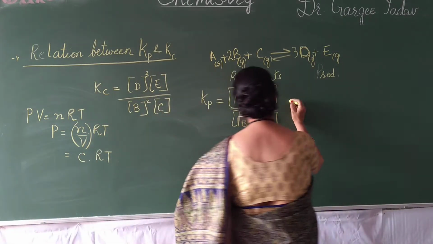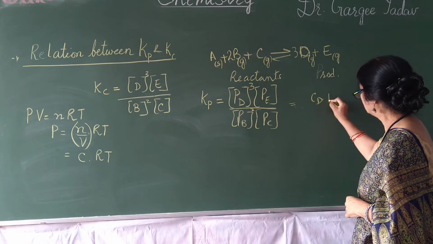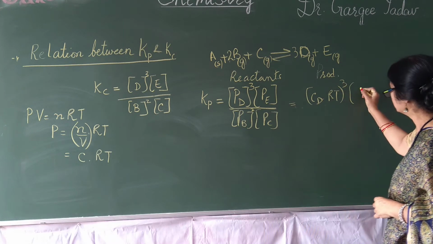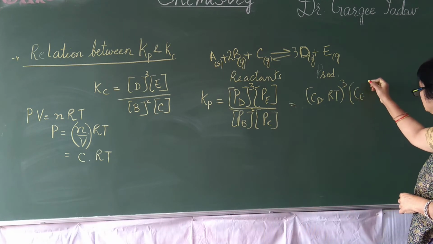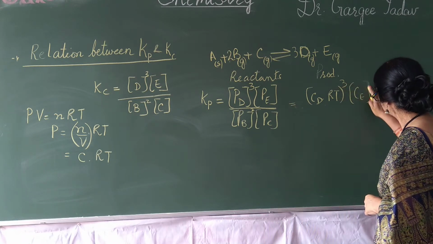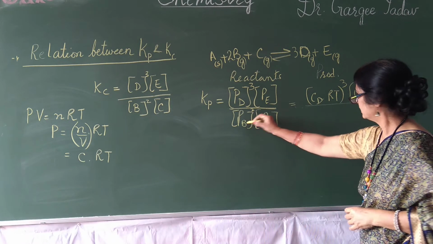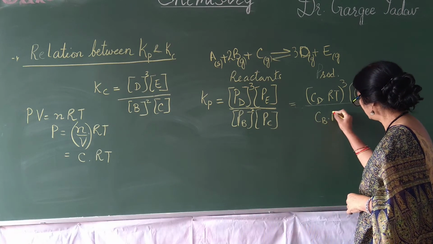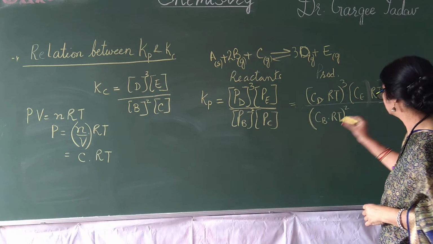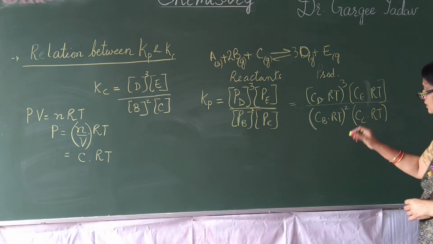So what we have here is concentration of D into RT raised to the power 3, then concentration of E into RT, divided by concentration of B into RT raised to the power 2, and then again concentration of C into RT raised to the power 1.